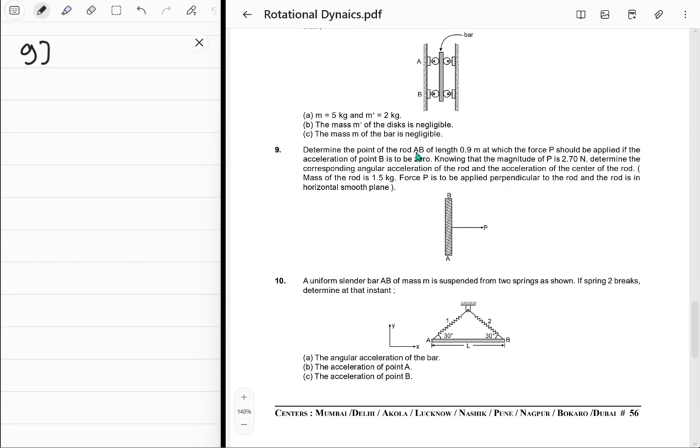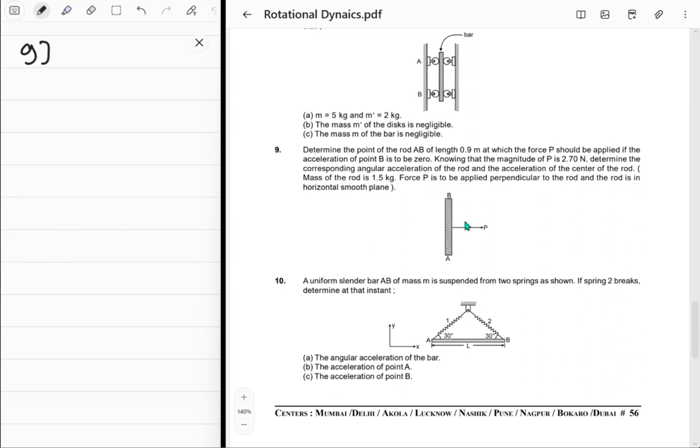Knowing the magnitude of P, so P is a force, 2.7. Determine the corresponding angular acceleration of the rod and the acceleration of the center of the rod. Mass of rod is 1.5 kg.